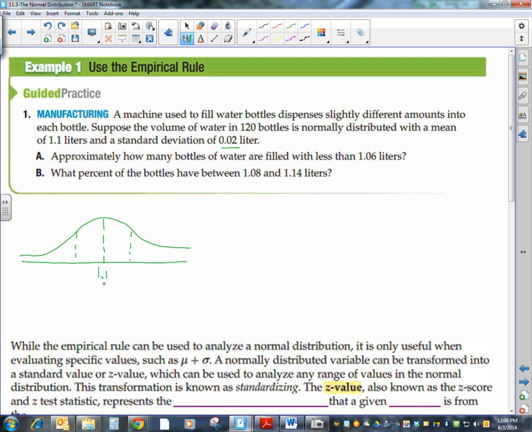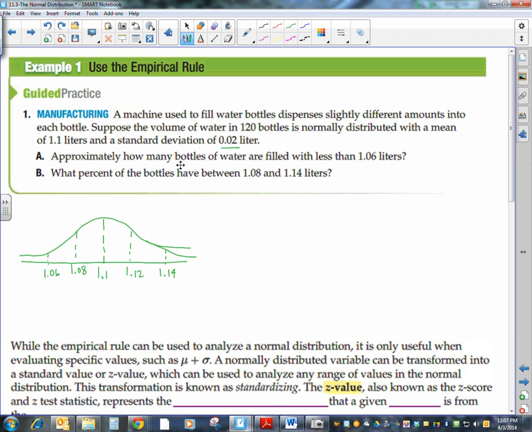So 0.02 plus 1.1 is of course 1.12. If I subtract it, I'm at 1.08. Then if I go out another standard deviation, and my curve didn't look so hot, y'all can bear with me there. Another standard deviation, I would add 0.02 again and get to 1.14. And on this side, I would be at 1.06.